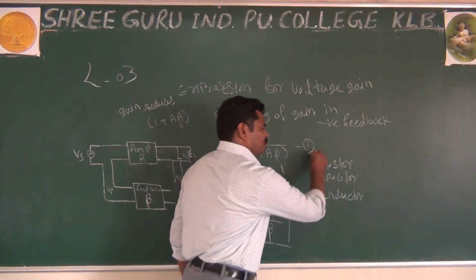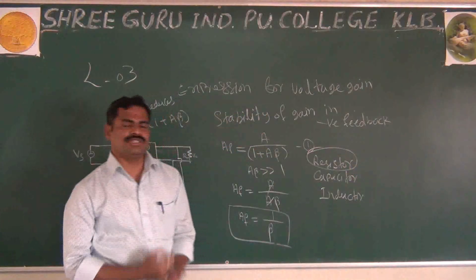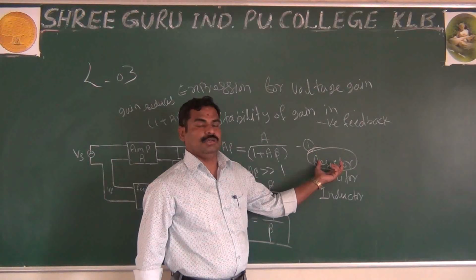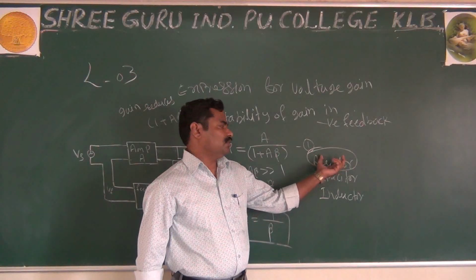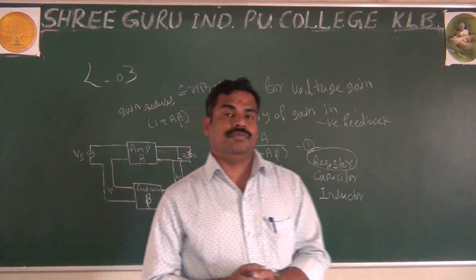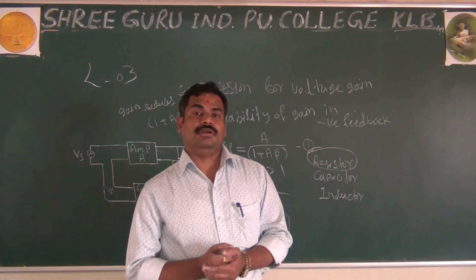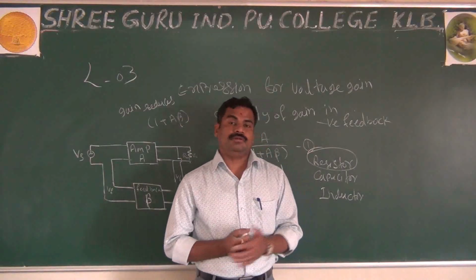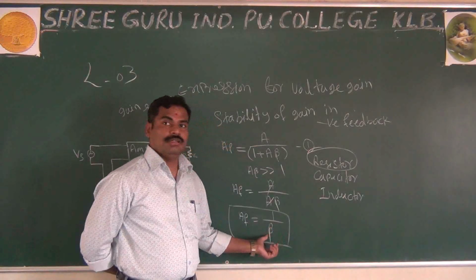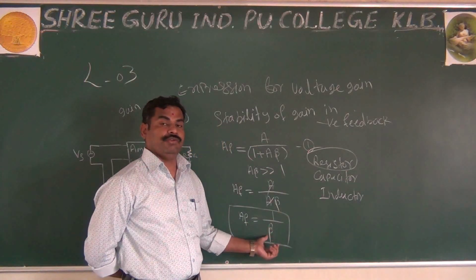Especially the resistor: as you know, a resistor is independent of voltages. If we change the voltage, that does not affect the resistance. So the gain in negative feedback will be constant because it depends only on beta, the feedback factor.